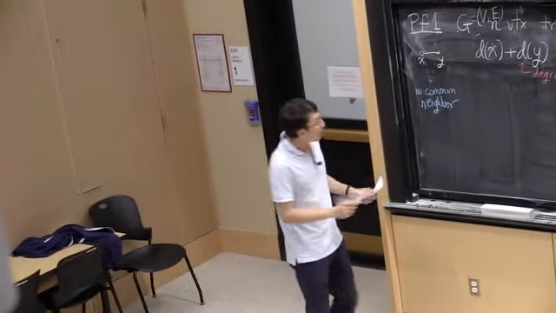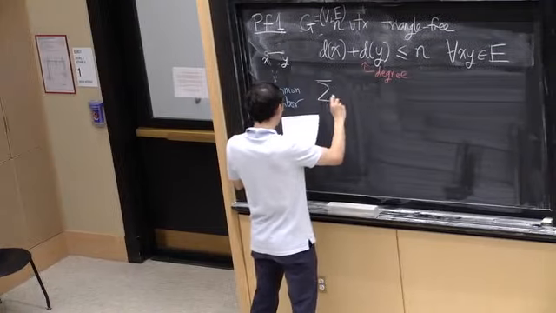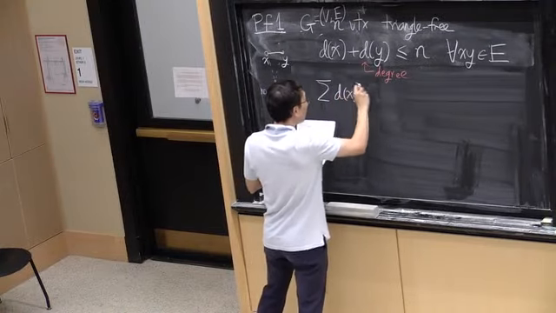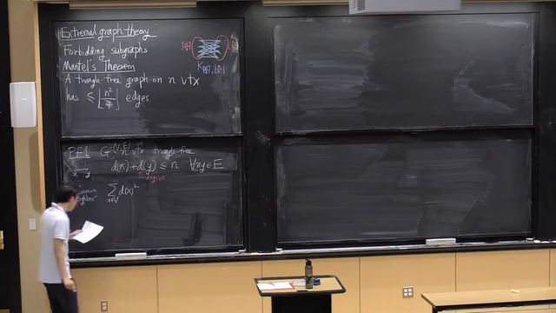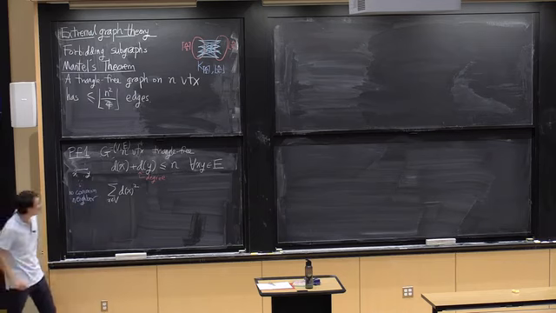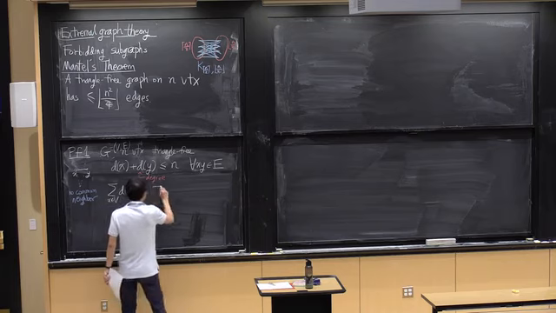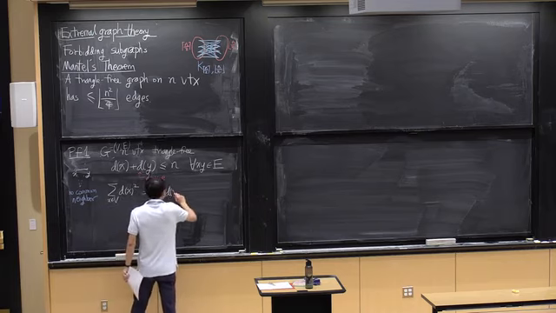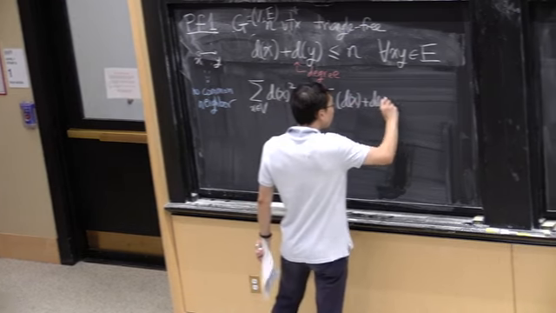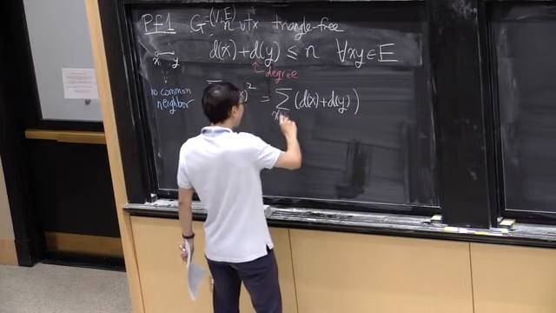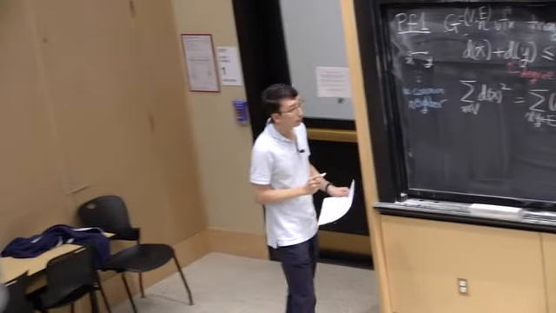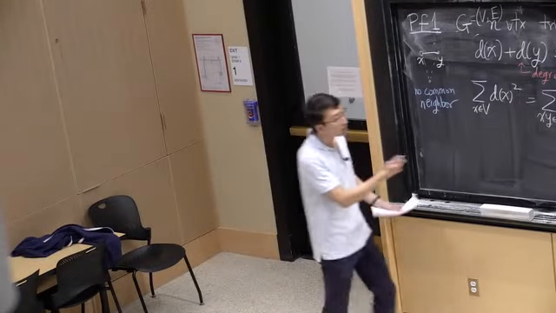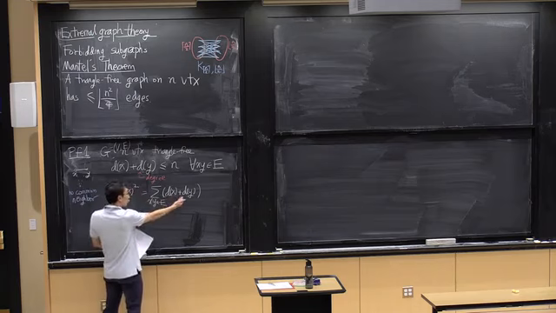Now let me consider the quantity which is the sum of the squared degrees. On one hand, I claim that this sum is equal to this quantity here, where I sum over all edges. And the reason is, look at the sum. Imagine writing out all the summands.